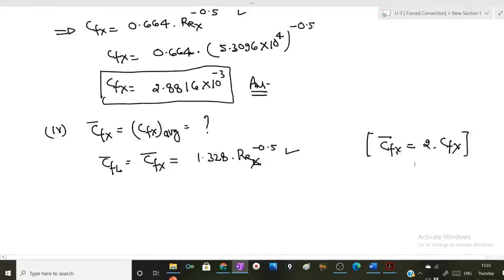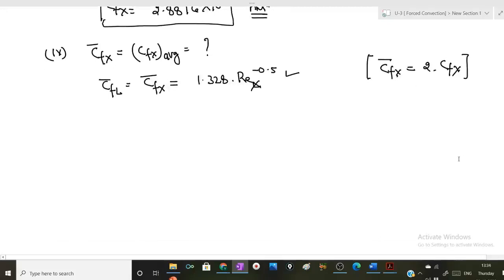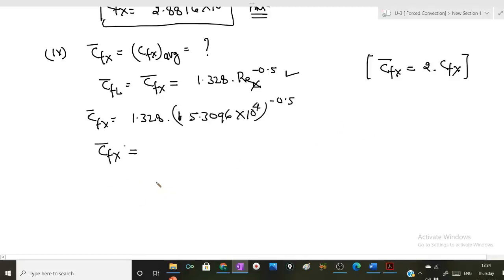So simply I can double it: 1.328 into 5.3096 into 10 to power 4, raised to minus 0.5. So the average value of coefficient of friction comes out, double of this, 5.763 into 10 to power minus 3.